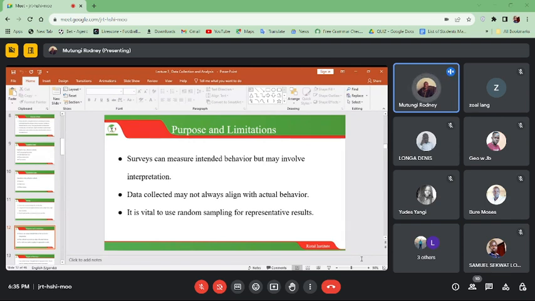So it might not align with the actual behavior of a person. For example, if I wanted to assess whether people in an area X in South Sudan eat 3 meals in a day, which maybe is a standard, I can ask as a question of that survey, did you take 3 meals yesterday?